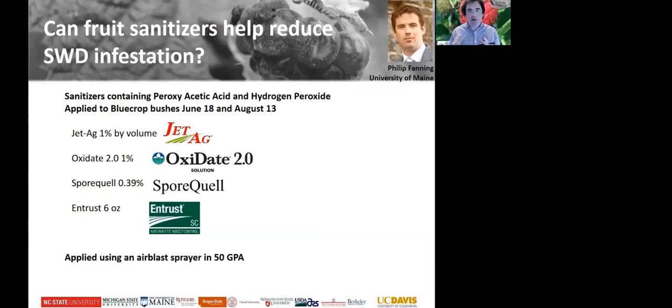I have Entrust on here mostly because we're looking for rotational partners for Entrust. In a lot of instances, these peroxyacetic acid products are OMRI approved, so they might have really good efficacy in terms of a rotation with Entrust. So we've done some trials in the field.